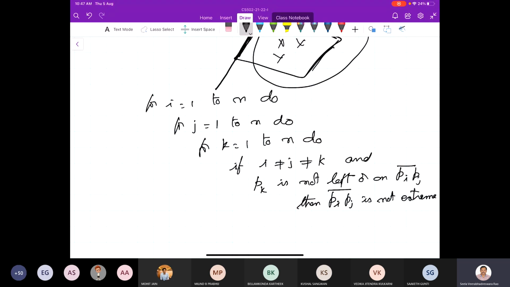All the points should be on one side, and you are considering the left side. Otherwise, P_iP_j is not extreme. If there is one point on the other side, then this edge can't be extreme. Like that, you can eliminate all the edges which are not extreme edges.